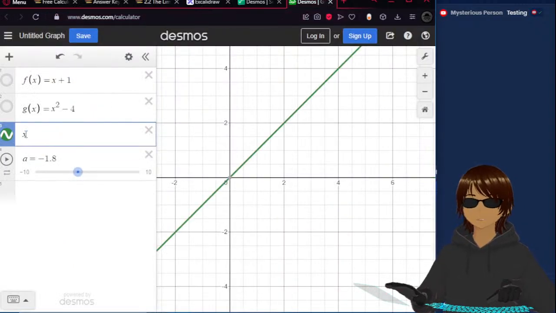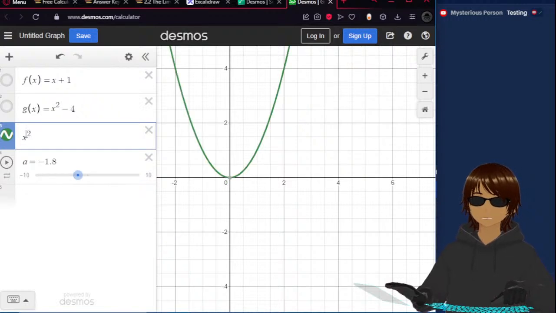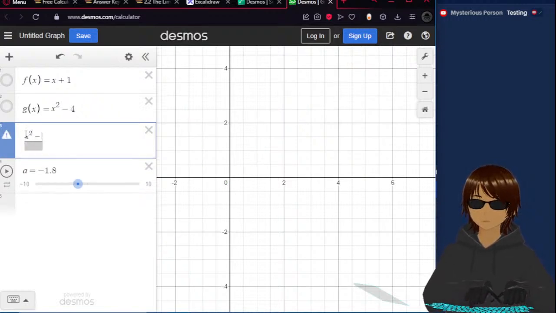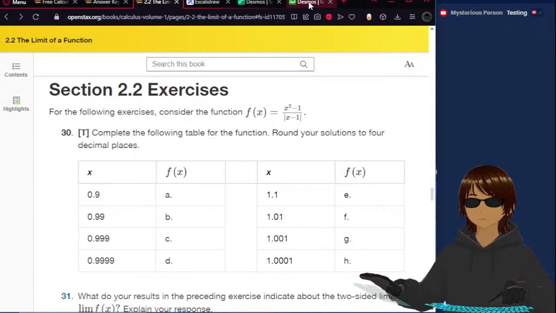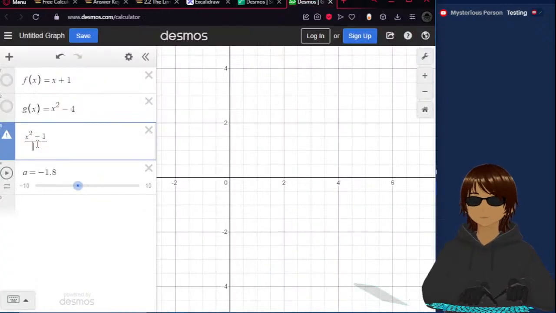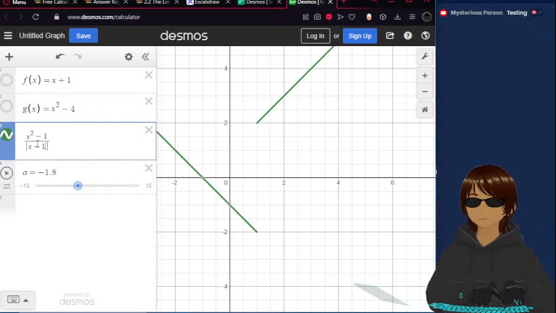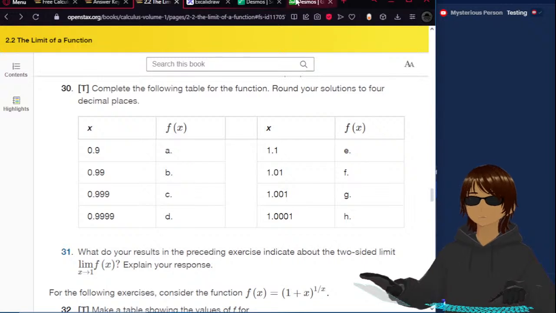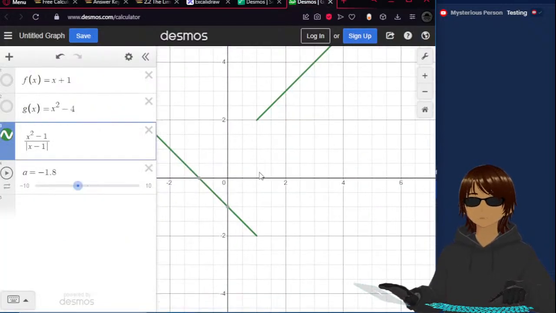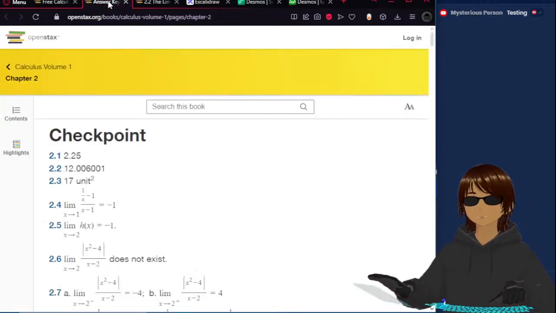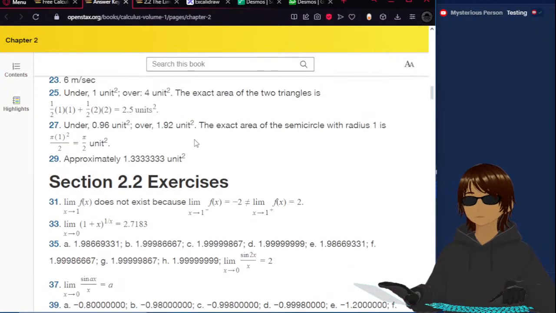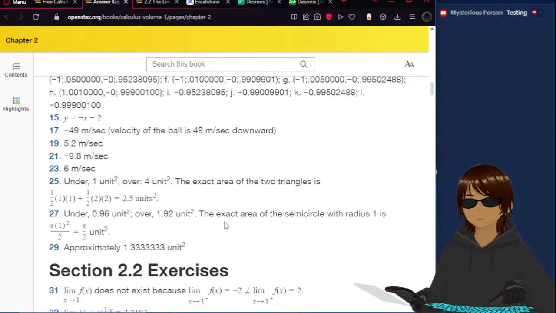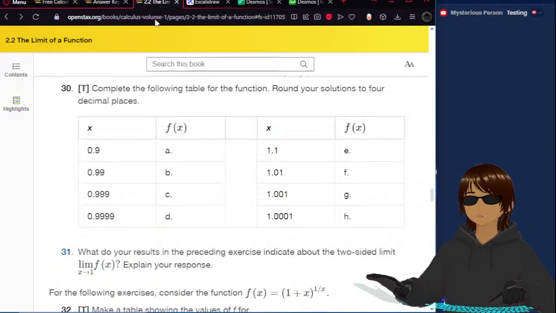I'll just plug it in here. x squared minus 1 and x minus 1. So the limit does not exist at 1. So look at the answer key. Number 31. Yeah, limit does not exist.